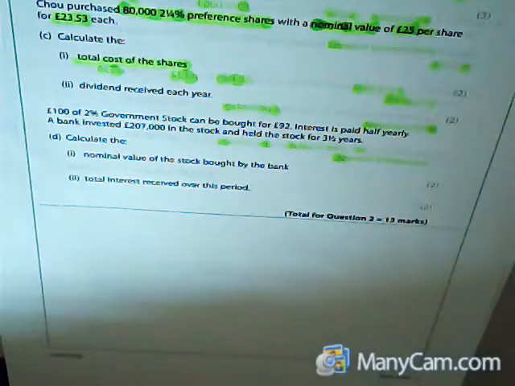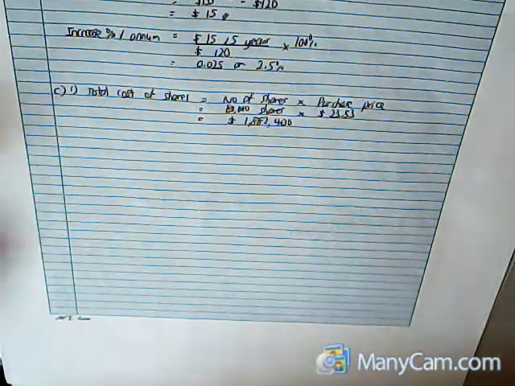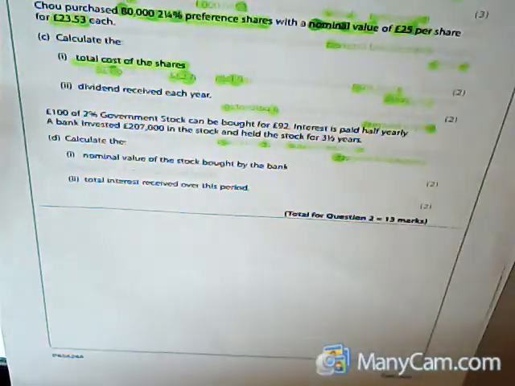Yes or no? And how much do we pay for 1 share? The purchasing price is 23.53 per share. Just multiply it. And how much do we get? 1,882,400 is the answer. Okay, now move on.